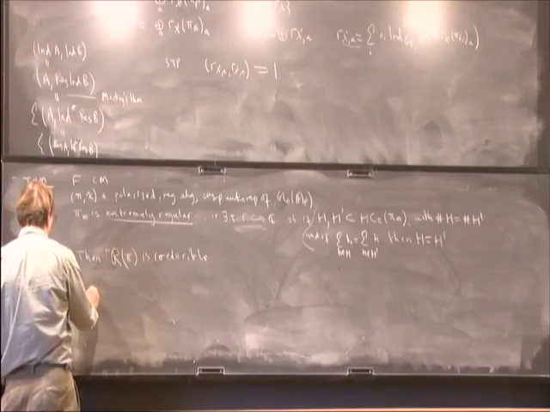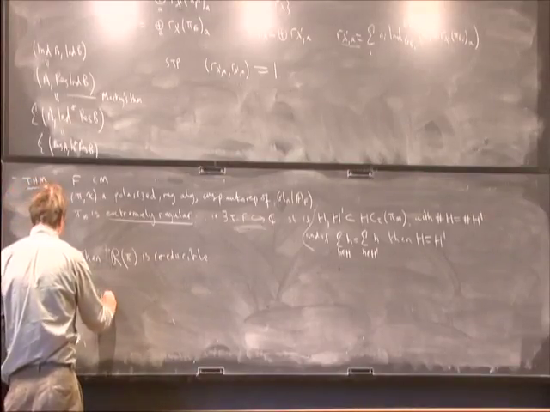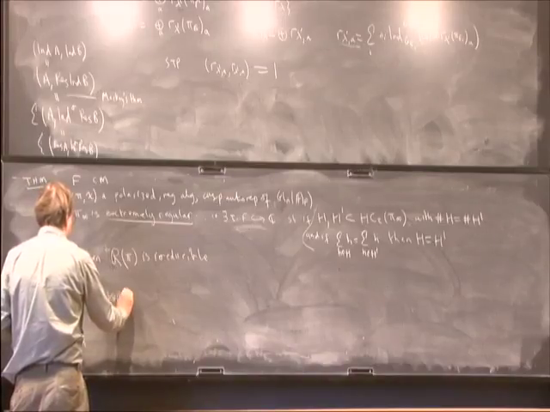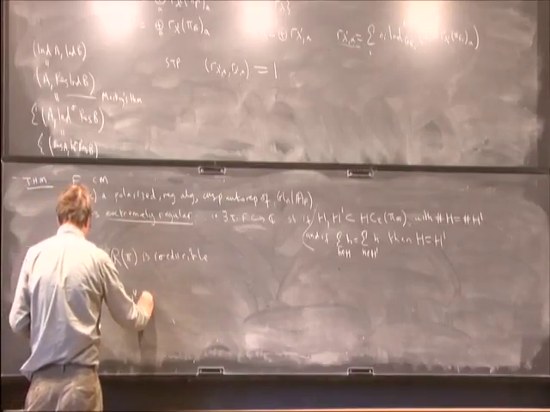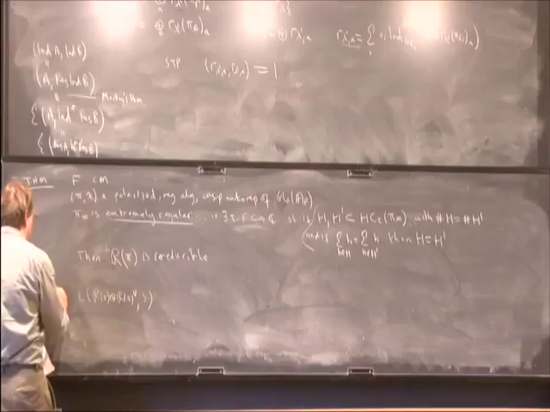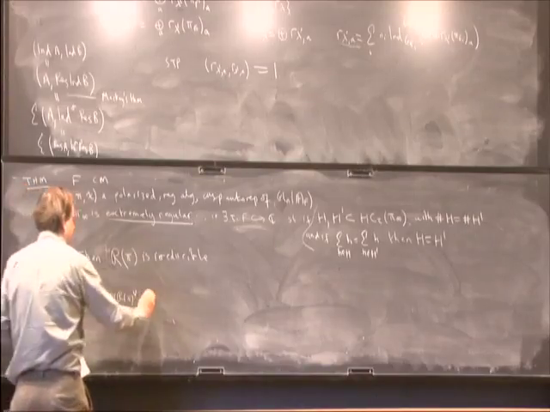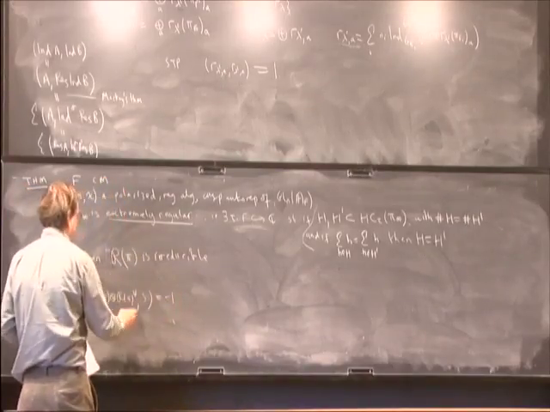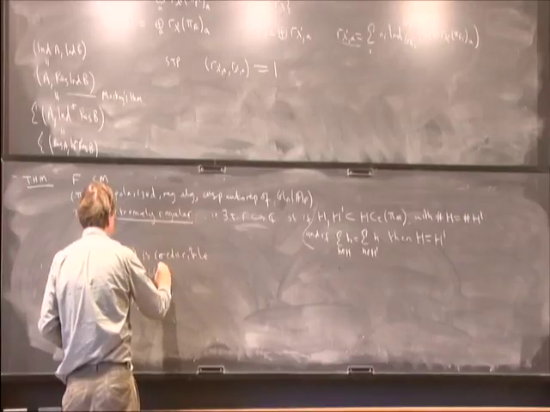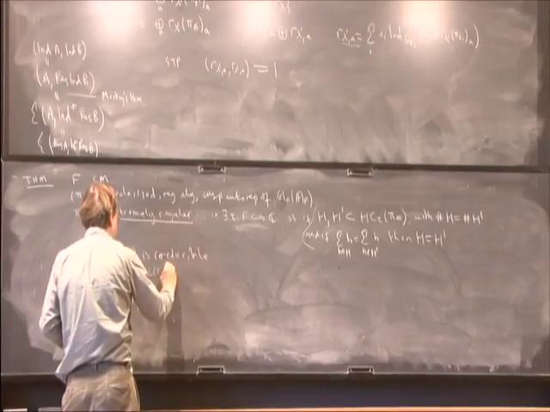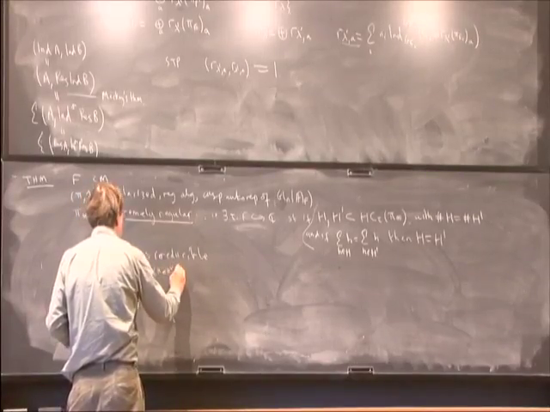You're going to look at the L function of R pi tensor R pi dual of s. The order at s equals 1 of that is -1 because it's the same as L of pi cross pi dual of s.